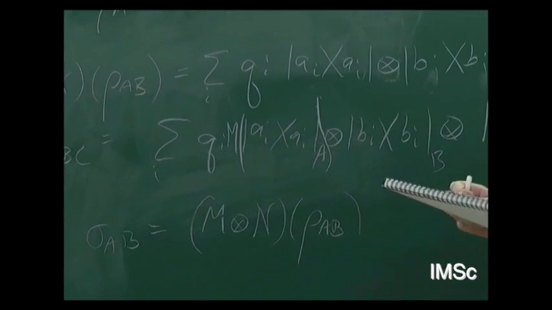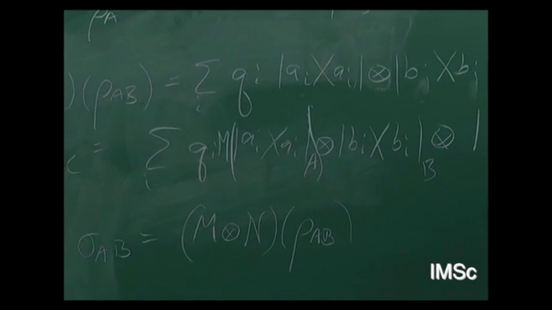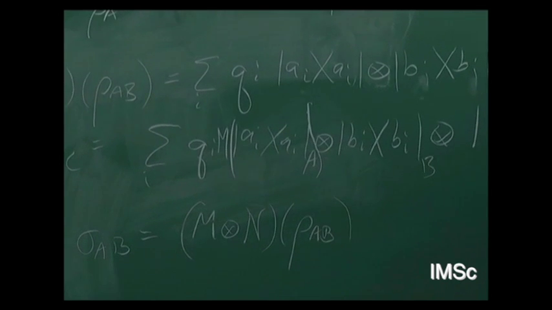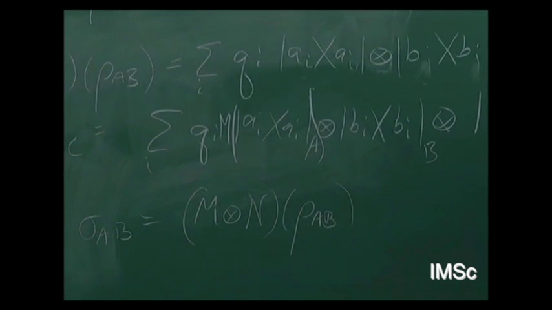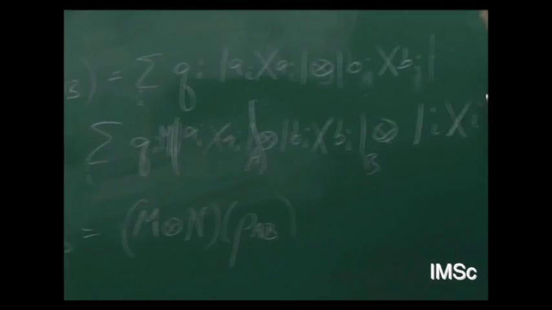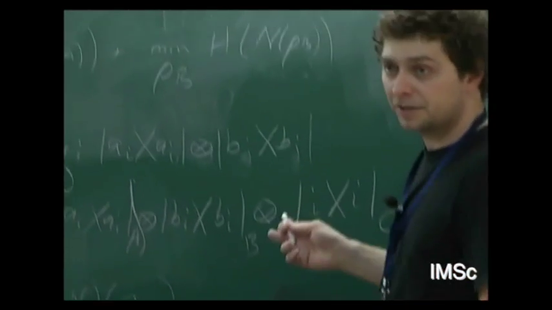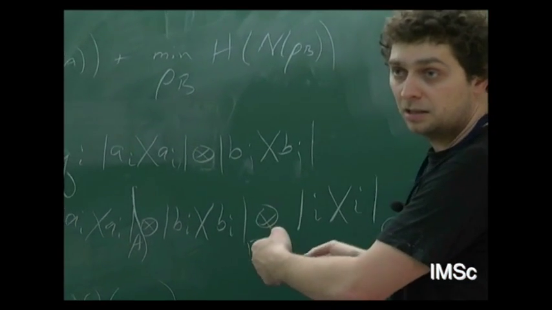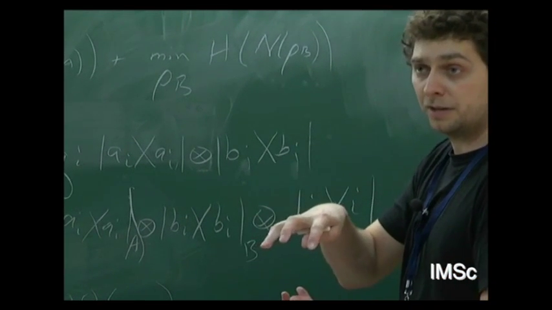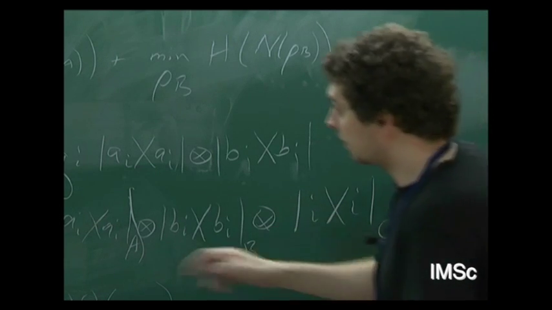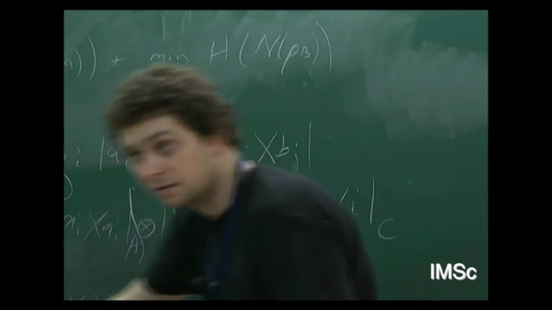The role of C, well, you see that it just keeps track of which term in this mixture we have. It doesn't have any real meaning other than I'm about to use the state together with the strong subadditivity property that we discussed to show that we can get a lower bound on this entropy of sigma AB.